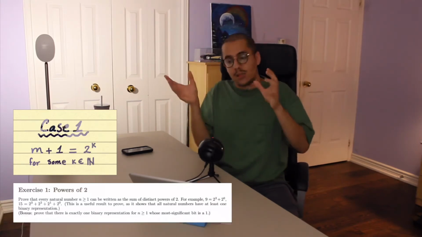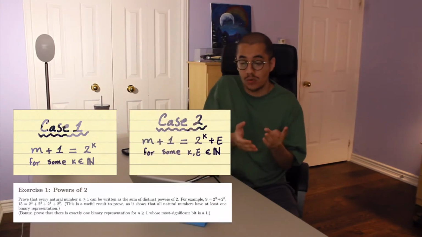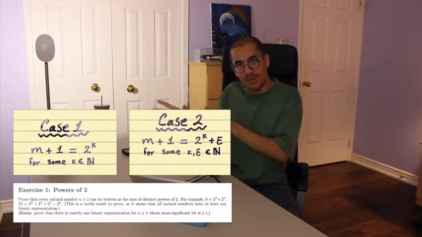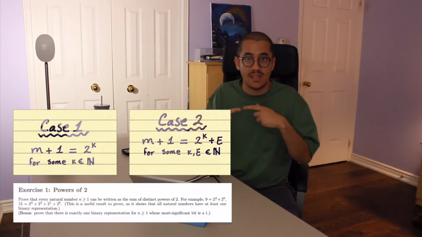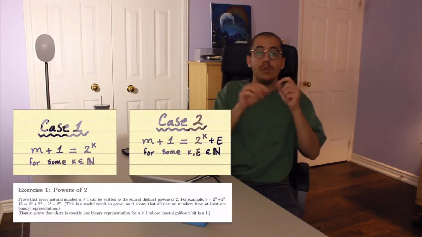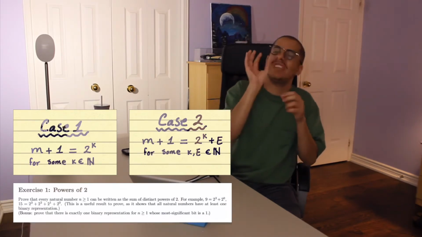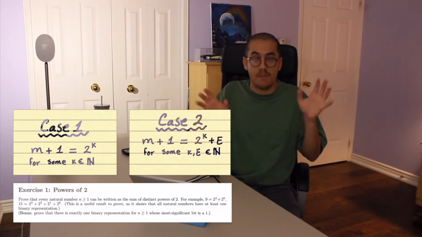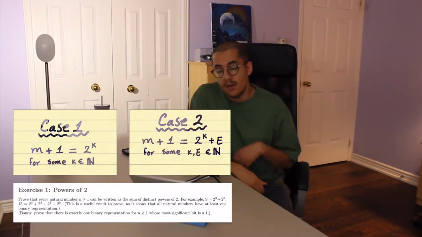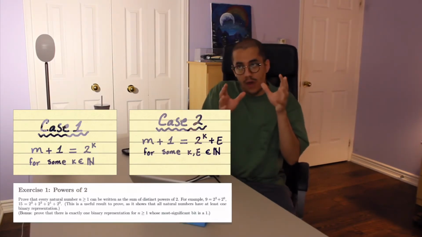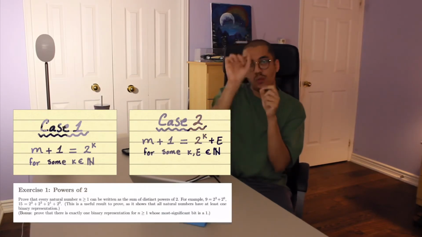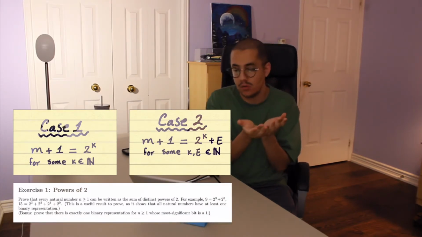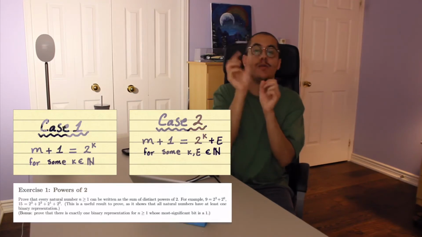The second case is that m plus 1 equals 2 to the power of something plus something else. To say it again, the second case is m plus 1 equals 2 to the power of k, for some k, plus some remainder, some extra thing. And in the second case, when m plus 1 equals 2^k plus the extra, we already know 2^k is a power of 2, right?